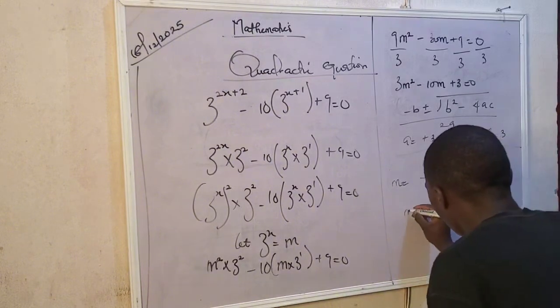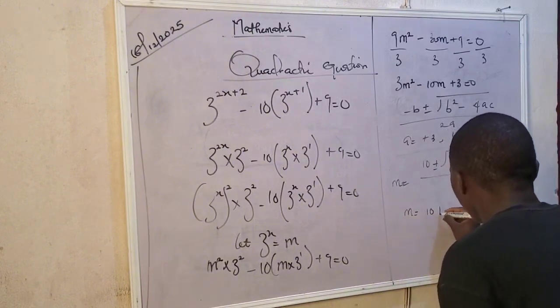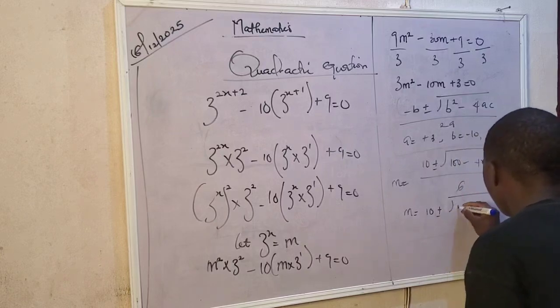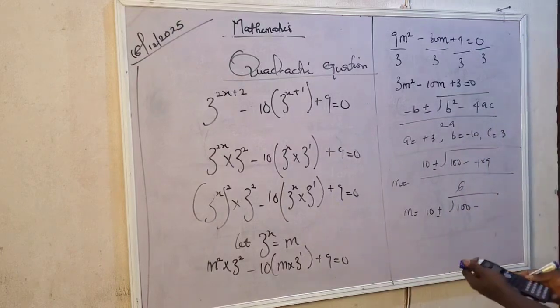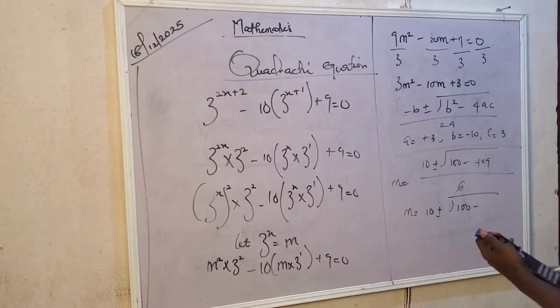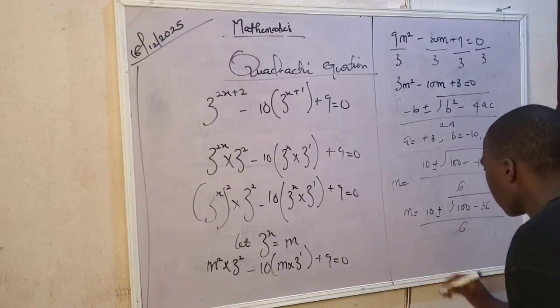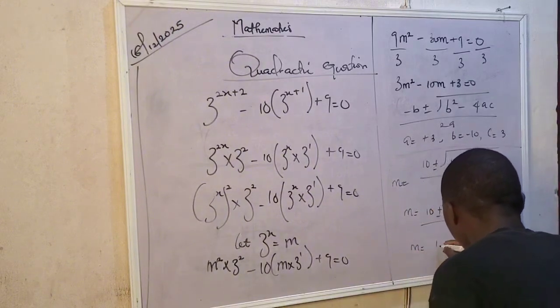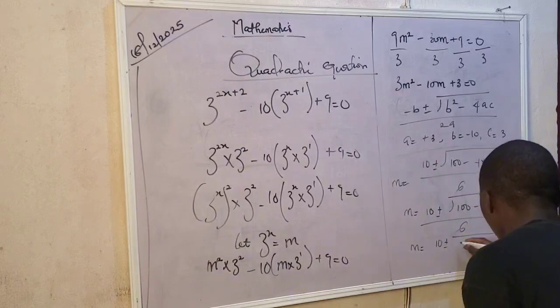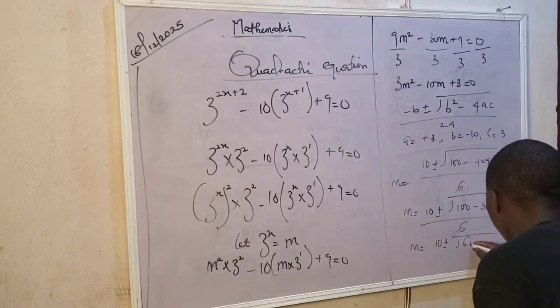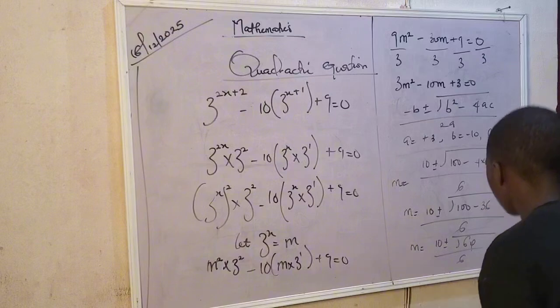So our m is equal to 10 plus or minus the square root of 100 minus 4 times 9. 4 times 9 is 36, all over 6. So our m equals 10 plus or minus the square root of 64, all over 6.